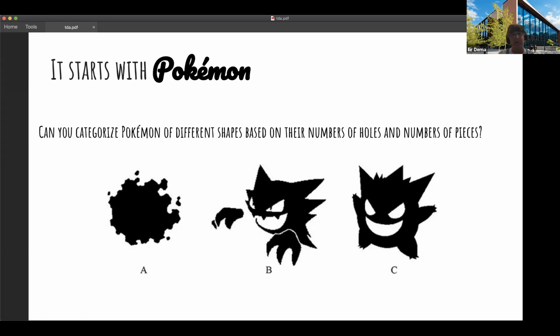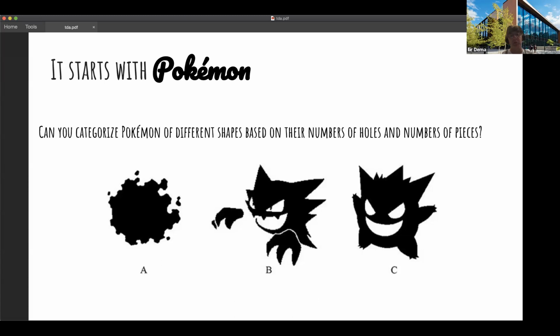Very well. We see that Ghastly as a Pokemon is basically a giant blob. It doesn't have many features. It has 3 or 4 individual small components, but the majority of it is concentrated in a giant ball, so to speak, or in a shape homeomorphic to a ball.